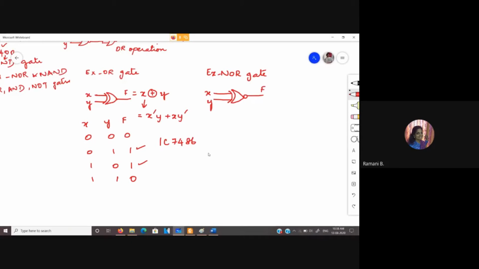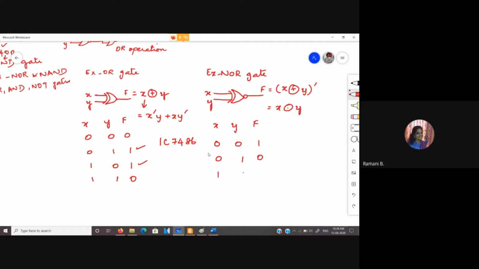For the XNOR gate, we give this as the complement of XOR, or we also give this sort of symbol. Okay. Here the truth table will be, for similar inputs, your output will be 1, and for dissimilar inputs, your output will be 0.